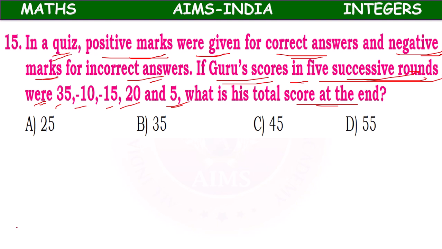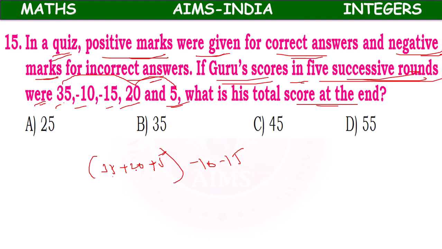We have to add all positive scores: 35 plus 20 plus 5. These are all positive. We can keep them in one group. So next, negative numbers. Minus 10, minus 15. One group.